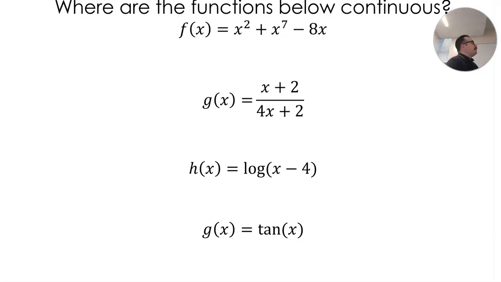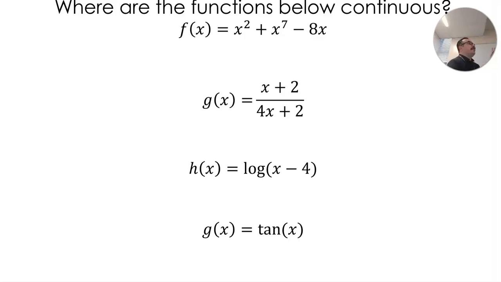So for our first one, f of x that's up there, f of x is a polynomial. It's got positive powers of x. So it's got an x squared, an x to the 7th, a regular x. And polynomials are something that's been given to you as continuous. So if you identify something as a polynomial, and you have in your head that polynomial functions are continuous, I don't need you to reestablish for this question, well, this is continuous because all polynomials are continuous.